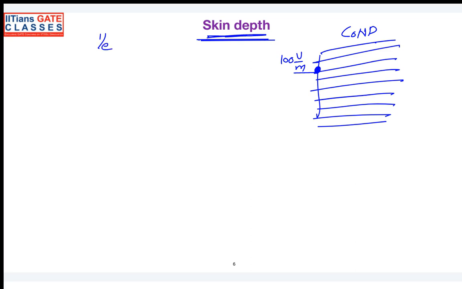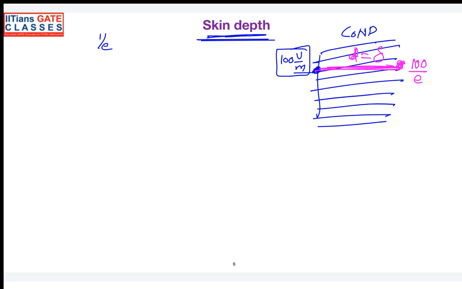So let me explain again. On the interface, suppose you are having 100 volt per meter. And now the signal is penetrating into the conductor for a distance of d. So if the distance is equal to 1 skin depth, after traveling a distance of 1 skin depth, the electric field is attenuated by 1 by E times.